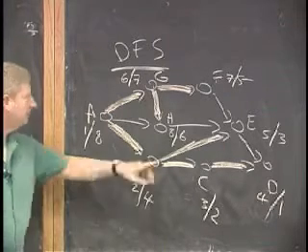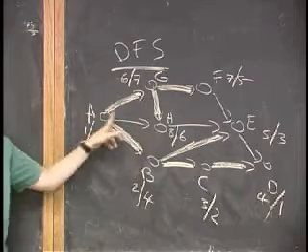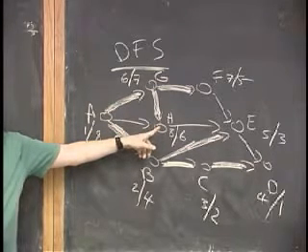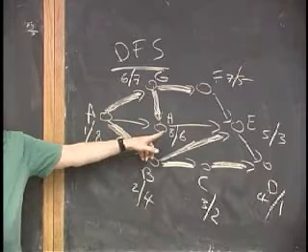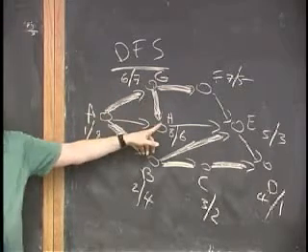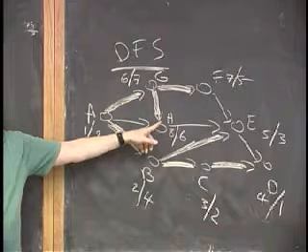Let's see if I can, here. See this edge? That's a forward edge, because it connects to something that's already in the tree, which is forward on the tree.